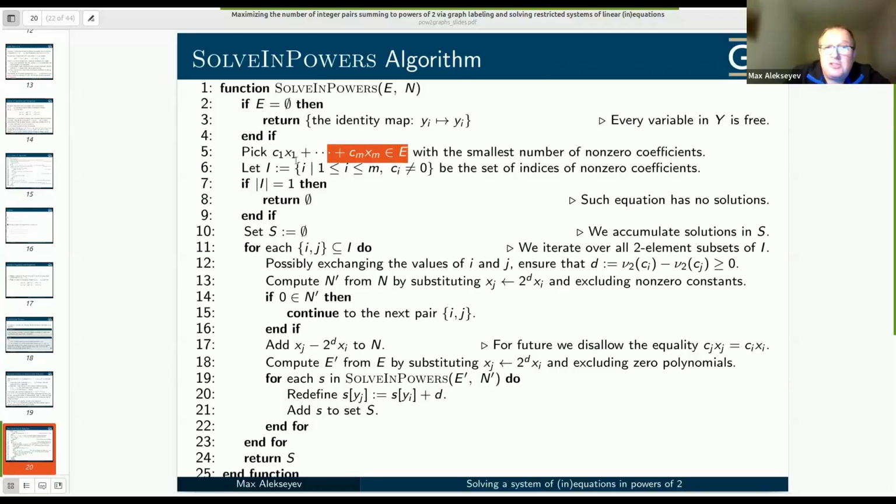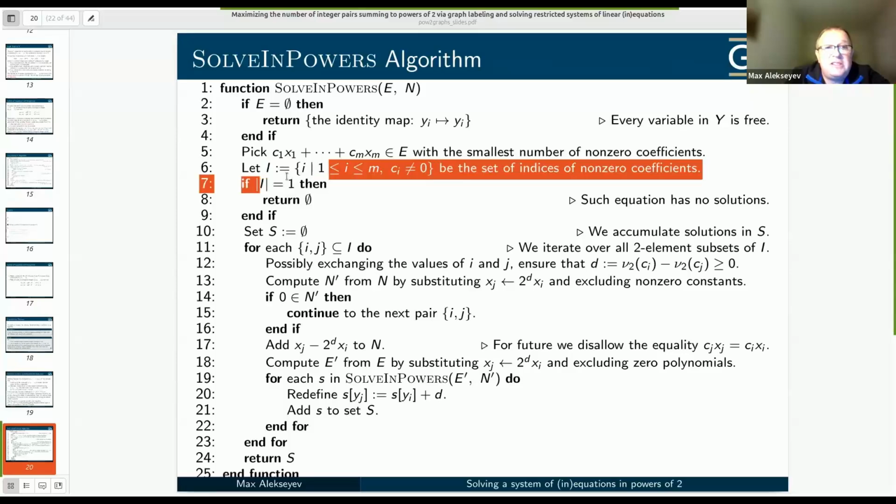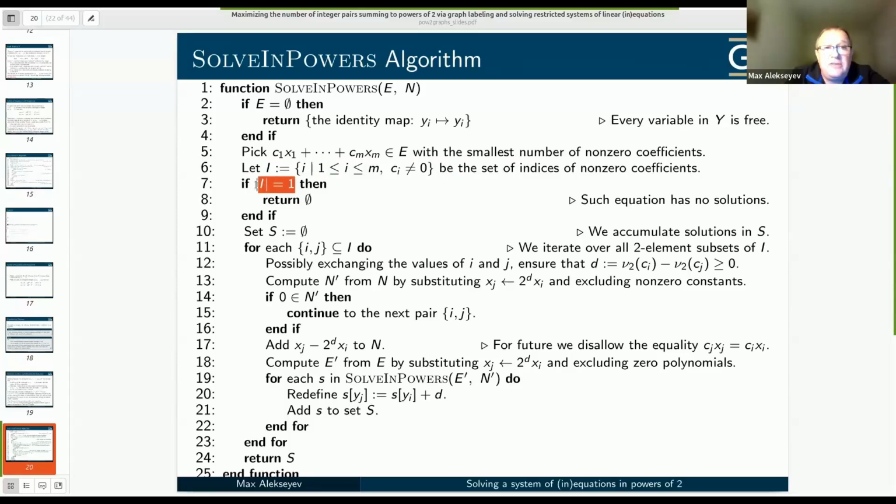Otherwise, if it's not empty, we pick any equation, C1 times x1 and so on, Cm times xm, from E. We look at the non-zero coefficients in such an equation. If there is just a single coefficient that is non-zero, we immediately return empty. There are no solutions.